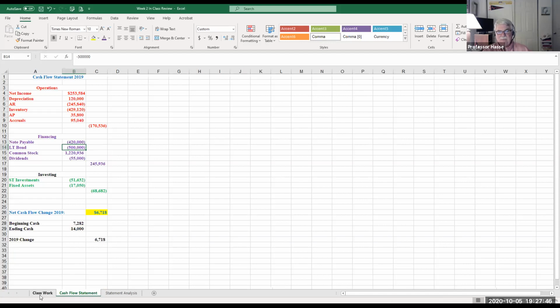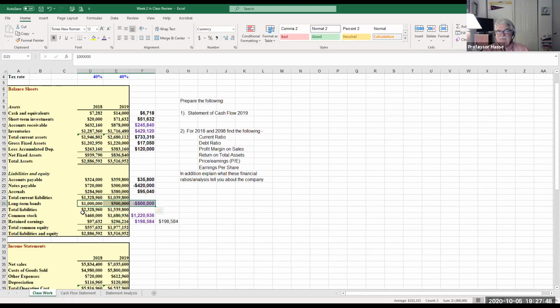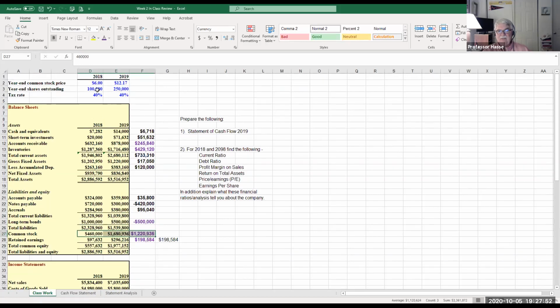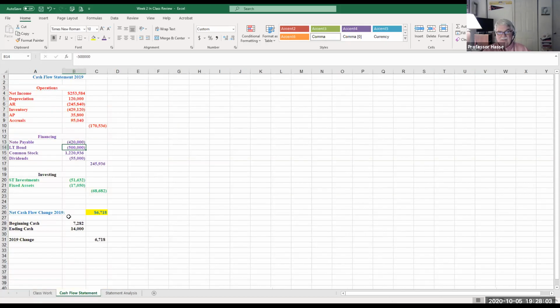Well, how did we supplement all this? We increased common stock. We issued 150,000 more shares of stock and received $1,220,000 in cash by issuing that stock. That's money coming in right here, common stock. We issued stock, cash coming in. We paid off interest-bearing long-term debt, cash going out.